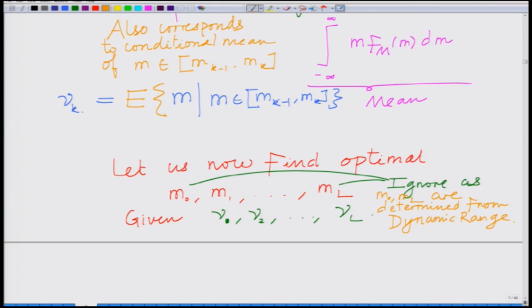These are fixed for a particular quantizer: the total range of the quantizer is determined based on the dynamic range of the signal, and that has to be chosen appropriately. So we are going to leave this.